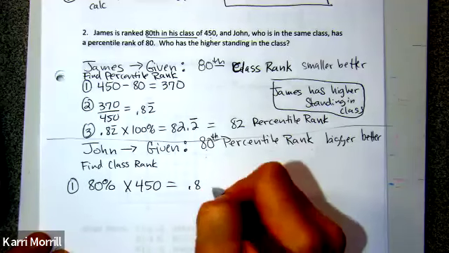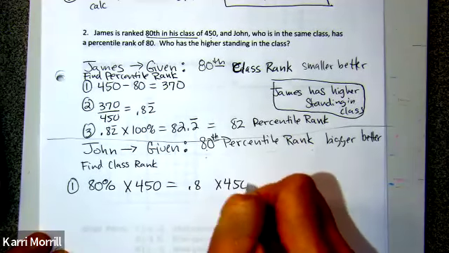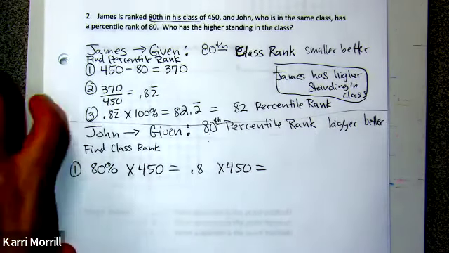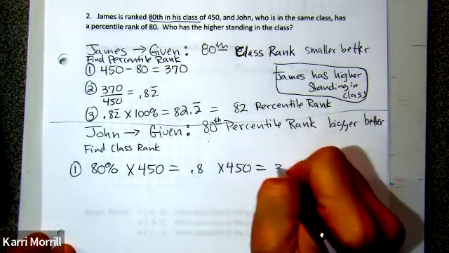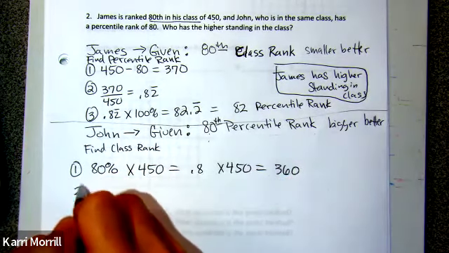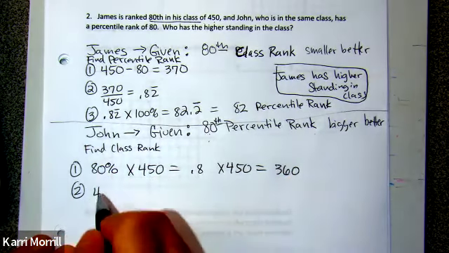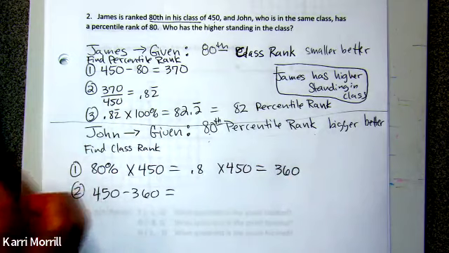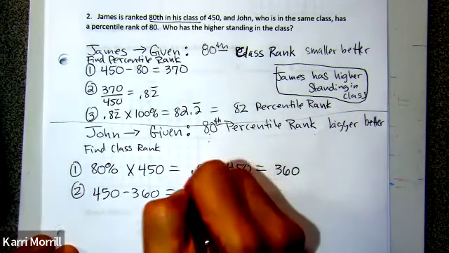That's like saying 0.8 times 450, which is 360. Then we subtract from the total amount: 450 minus 360, which is 90.